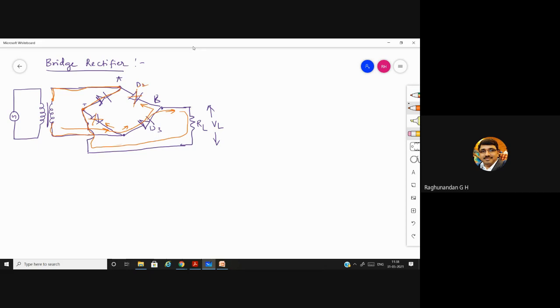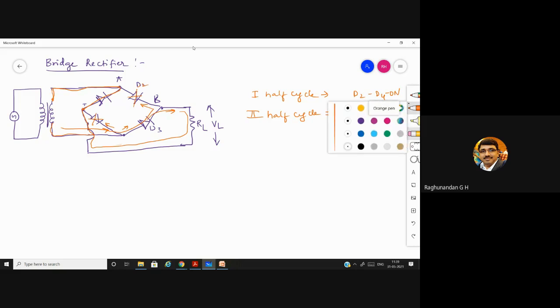So in the first half cycle, we are having D2, D4 in on condition. During the second half cycle, we'll be having D1, D3 in on condition. So this is about the working of the bridge rectifier. So as usual, the waveforms are the same.